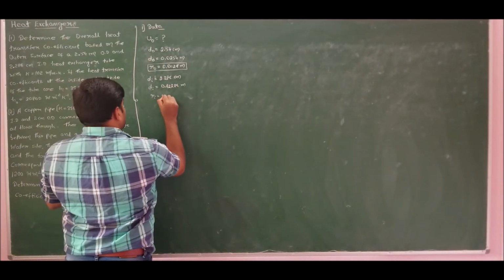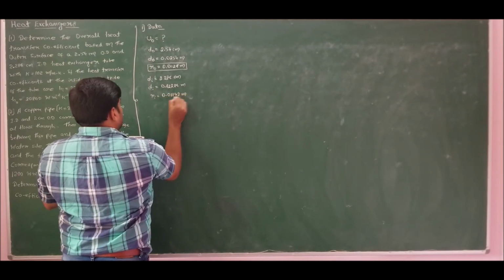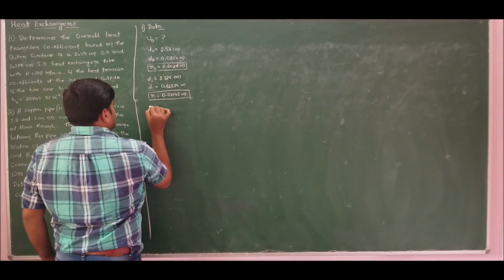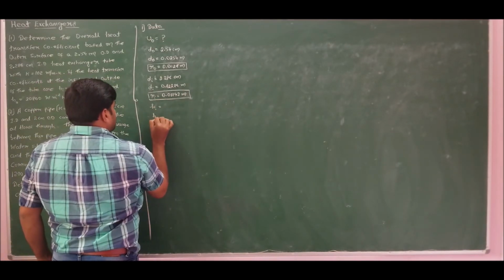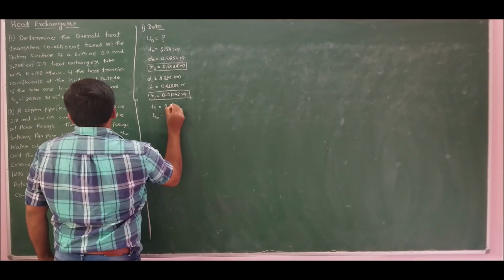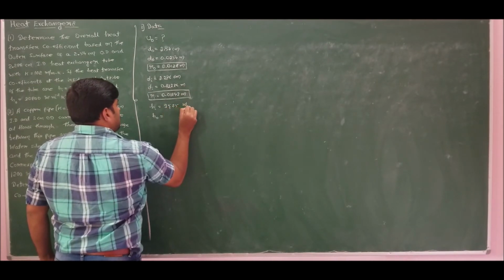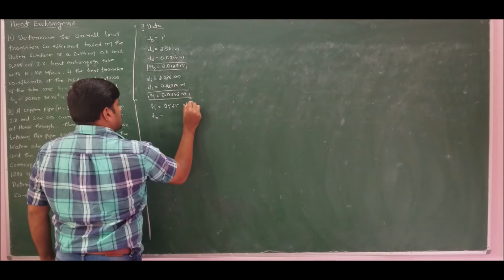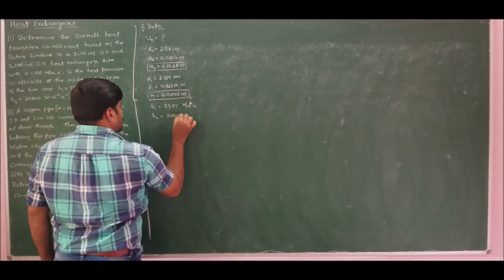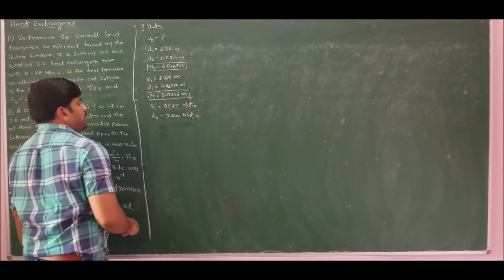The radius will be 0.01143 meters. And he has given the convective heat transfer coefficient on inner and outside surfaces, which are 3575 watt per meter square per Kelvin and 30,800 watt per meter square per Kelvin.